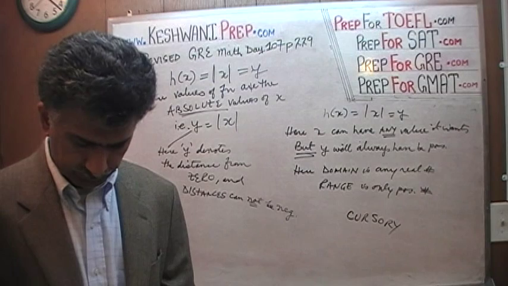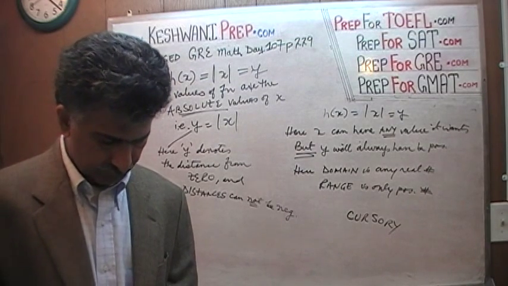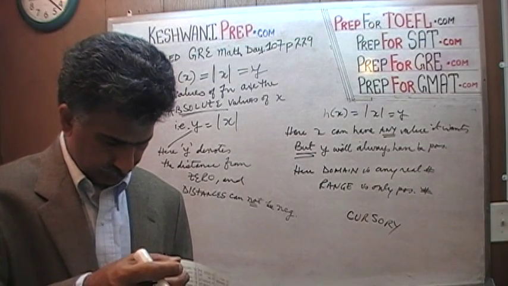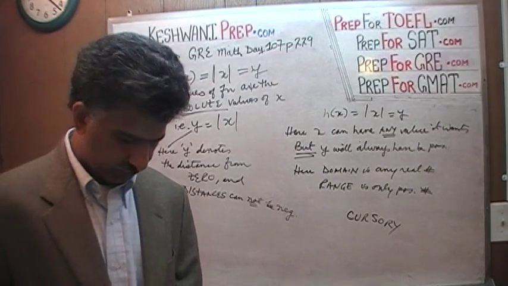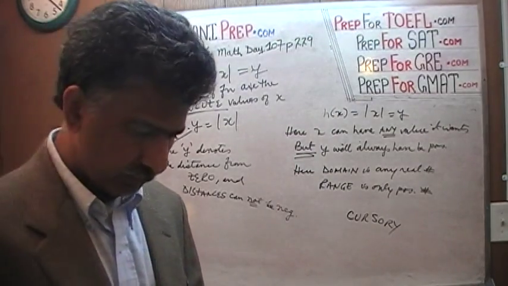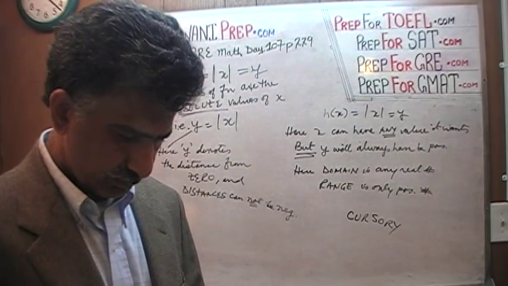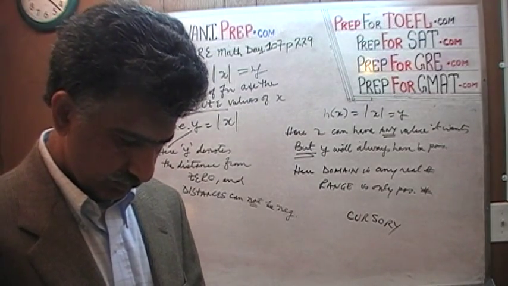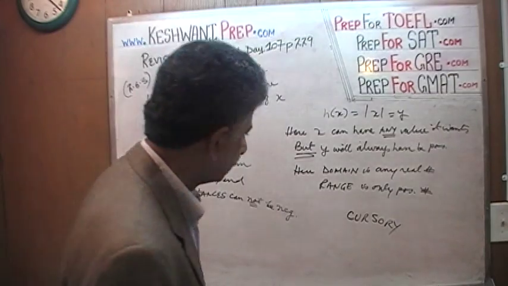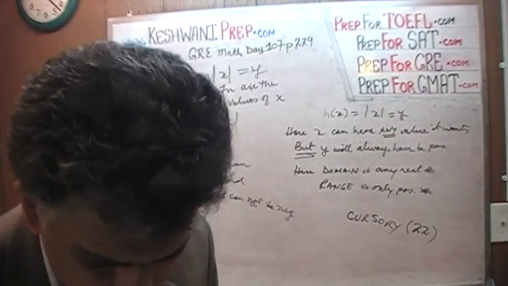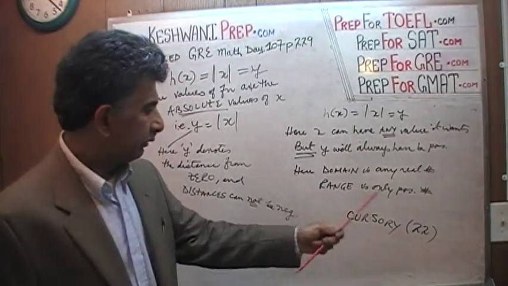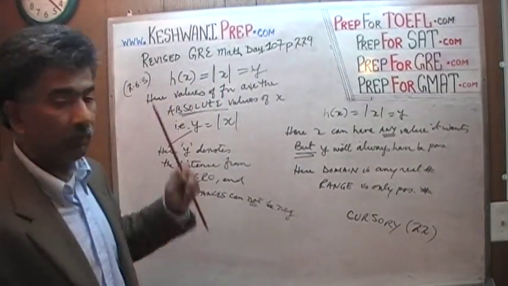Let me find the day so that you can watch the video. There you go, day number 22. Just type in vocabulary day 22 with my name and it will pop right up.